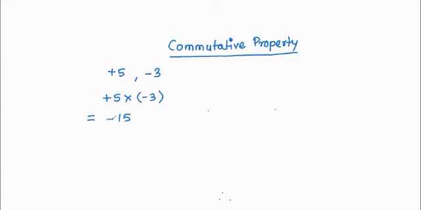Let's now interchange these positions and do minus 3 multiplied by plus 5. Again, we first multiply the weights. So multiplication of weights gives 3 into 5, 15. Again, only one minus sign in the multipliers. That means the final sign is minus.